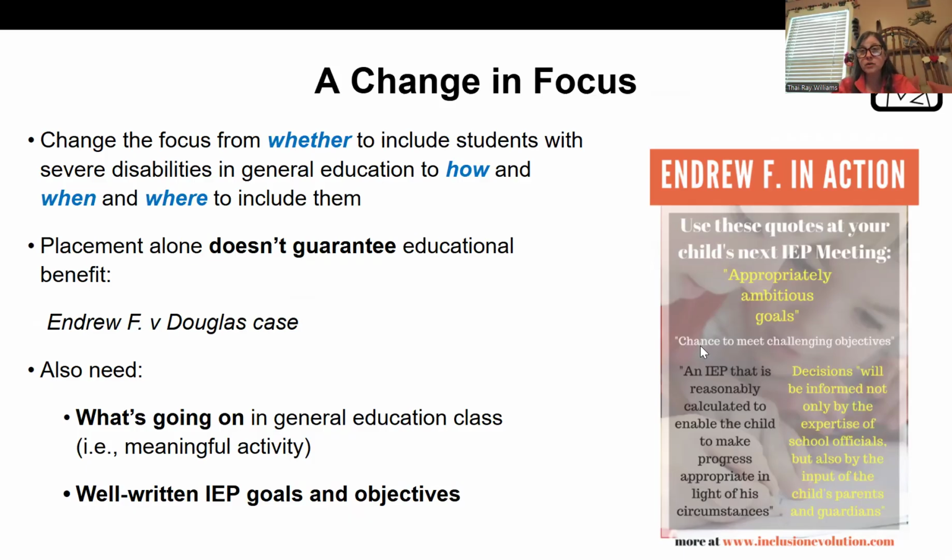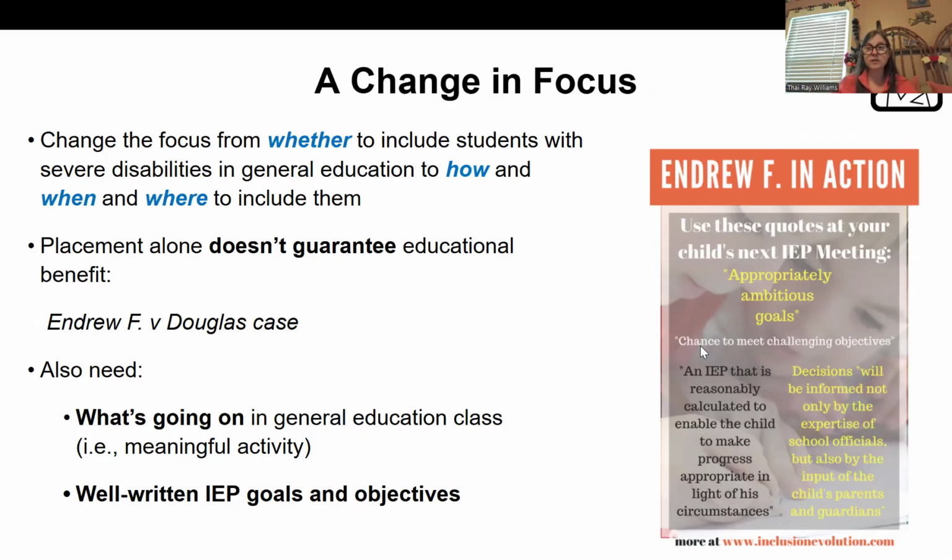But I want to make sure that when you're making those decisions that you realize that placement does not always guarantee educational benefit. And I know that you're all aware of the Andrew F. case, and there is a requirement that students have an educational benefit, but also that we are appropriately ambitious. Not only do we want to be appropriately ambitious with their goals, but we want to be appropriately ambitious with their placement as well.